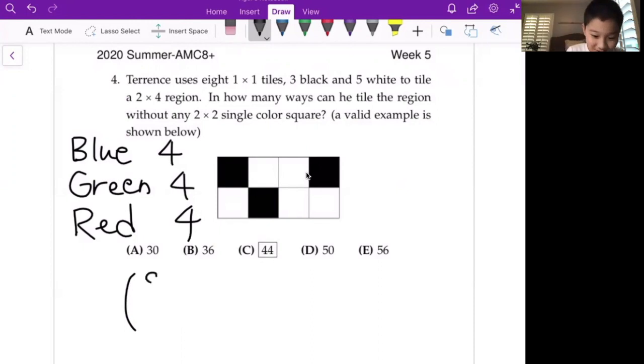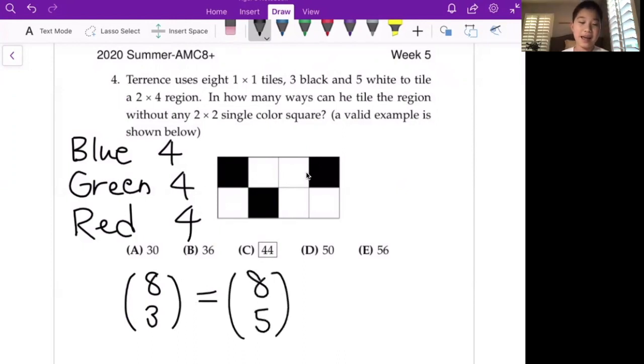That's the interesting thing. 8 choose 3 equals 8 choose 5. And by the way, choose just means how many ways there are of choosing 3 spots from 8. That's 8 choose 3, or 5 spots from 8. Why are they the same? Well, if you choose 3 spots from 8, the other 5 spots are empty. That's basically the same thing as if you choose 5 empty spots out of 8.